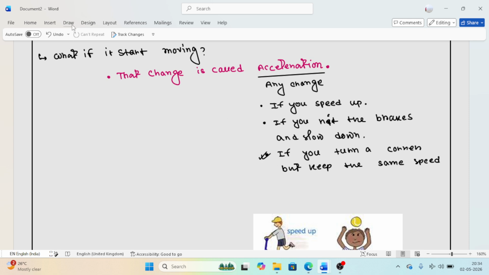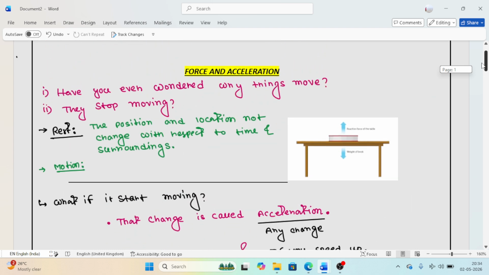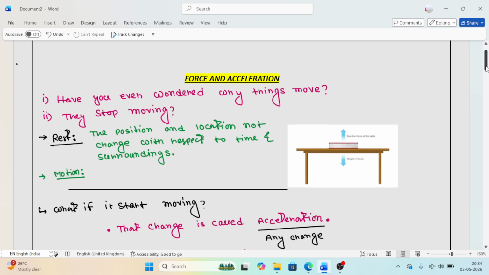So always keep in mind, acceleration is just a fancy word for changing how you move. Okay. So from this we understood what acceleration actually means, and about rest and motion.